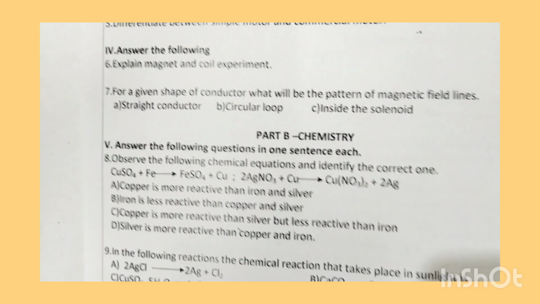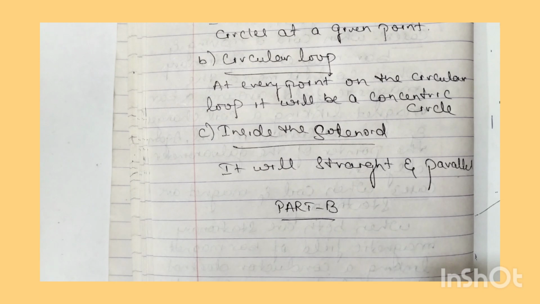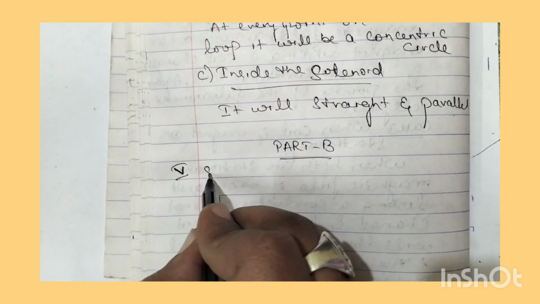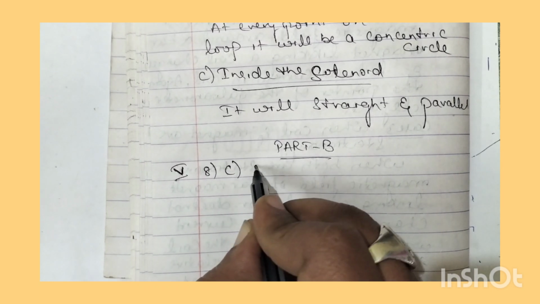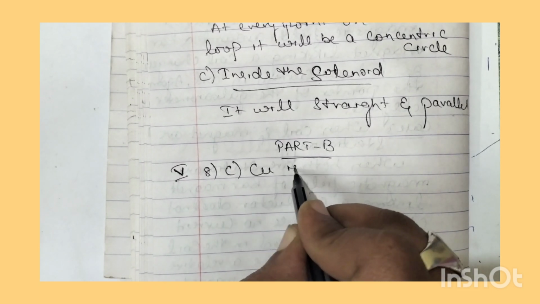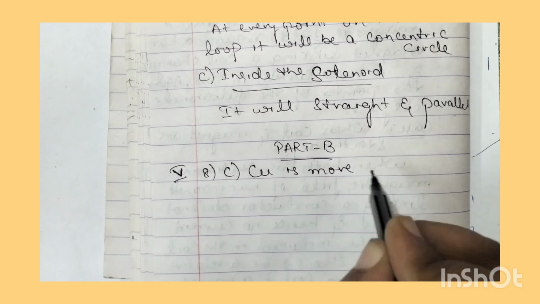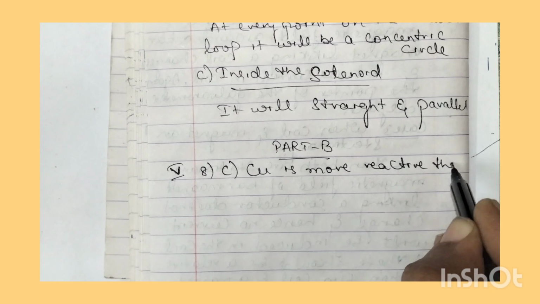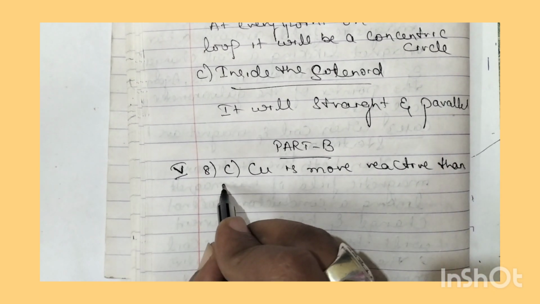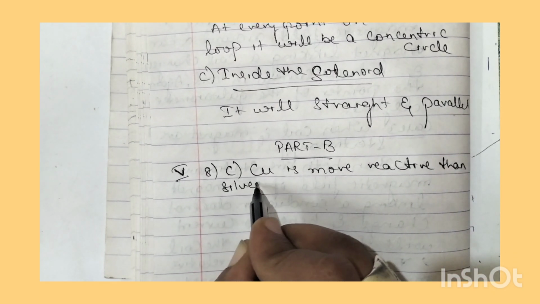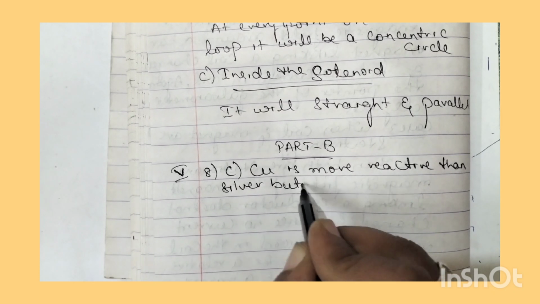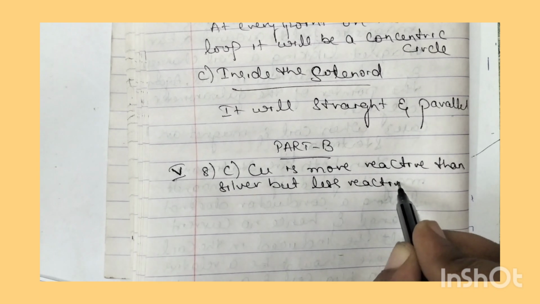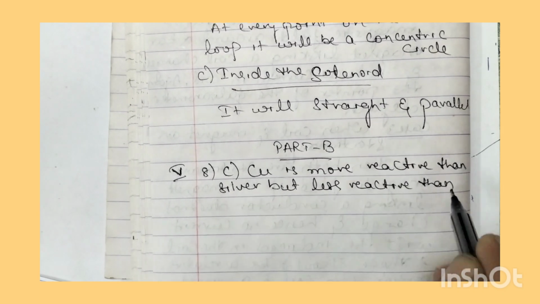So for this eighth question, the right option is option C: copper is more reactive than silver but less reactive than iron.